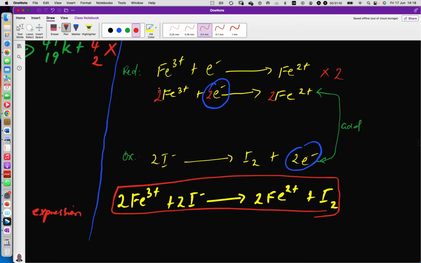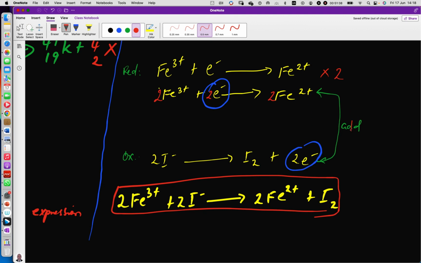In order to cancel them, there are 2 electrons here. So what do we do? We need to multiply the reduction equation here by 2. If we multiply by 2, we will have 2 iron 3 plus, 2 electrons, 2 iron 2 plus. And we need to add the 2 equations. This equation and this other one, we have to add them.